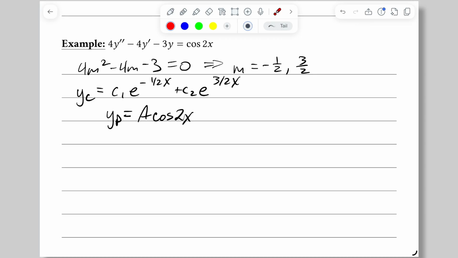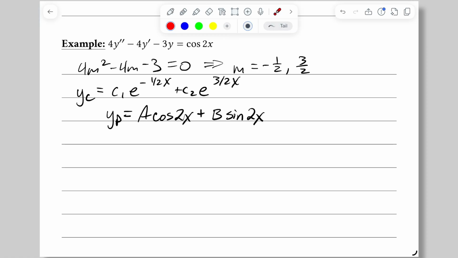And so when we see a cosine or a sine in the input function on the right, the form of the particular solution needs to have both a sine and a cosine. We can't assume that they are the same coefficients for the sine and cosine, so y sub p is equal to a cosine of 2x plus b times the sine of 2x.